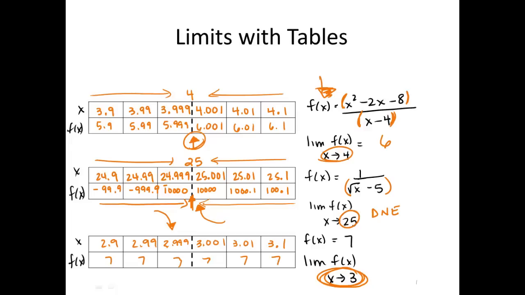Alright, what you notice is as we're getting closer to 3 here in the center on the x's, what's happening in the y values is that they still stay at 7. This is a constant, which means no matter what value you're trying to approach, it's still going to be a value of 7. There's no x's that vary it, so it will remain a constant 7.